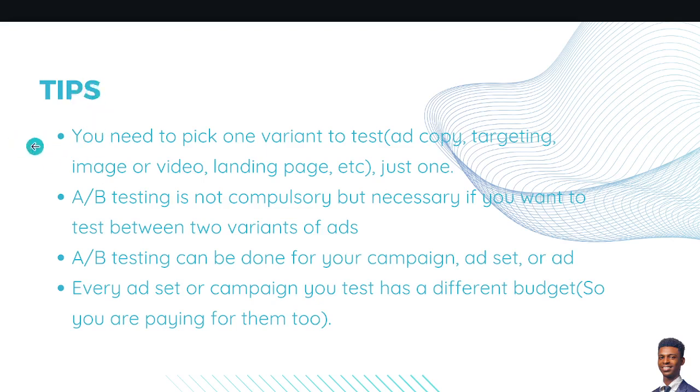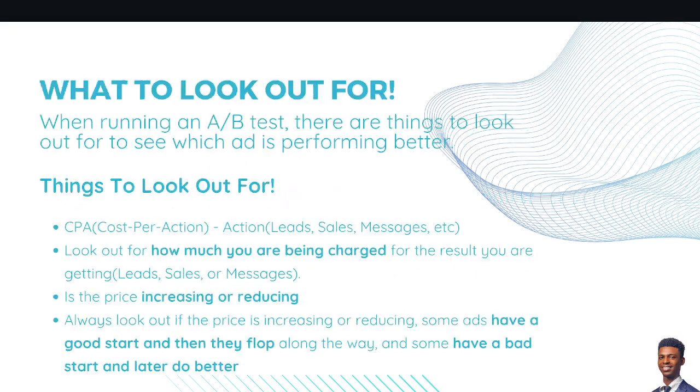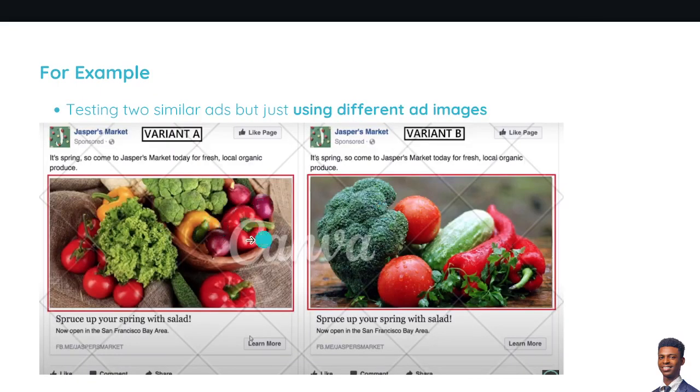So tips: you need to pick one variant to test. It's often not advisable to test more than one thing in one variant. For example, you choose one variant and you start to test different ad copy, targeting, and all those things. It's better to just say, okay, for example, like what I explained here, this one we're just testing different images to see which one performs better.